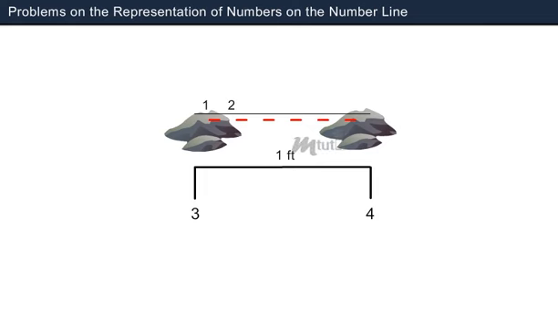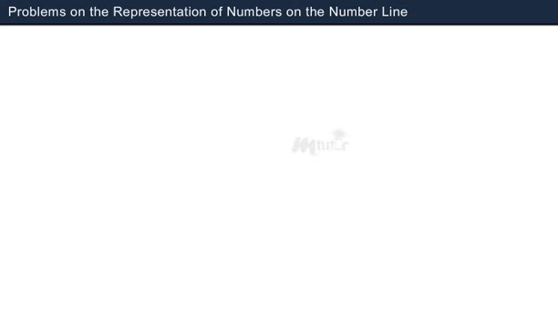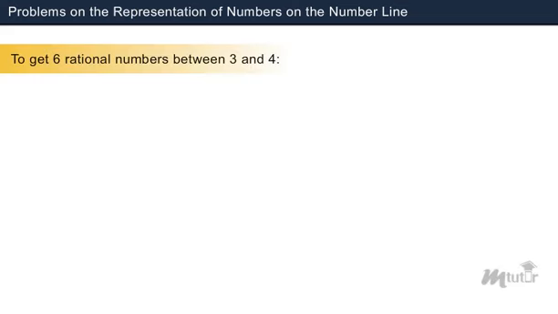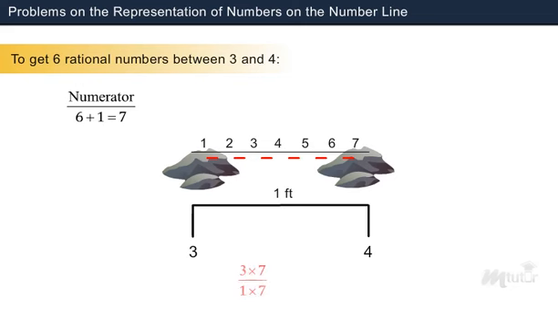When we place 6 points between the integers 3 and 4, we get 7 intervals between the 2 points. Thus to get 6 rational numbers between 3 and 4, the denominator must be 6 plus 1, that is 7. The next step is to multiply, and divide the number at the end points, by the integer 7.